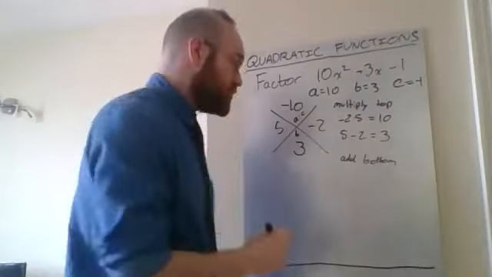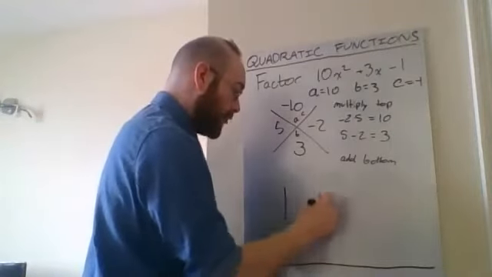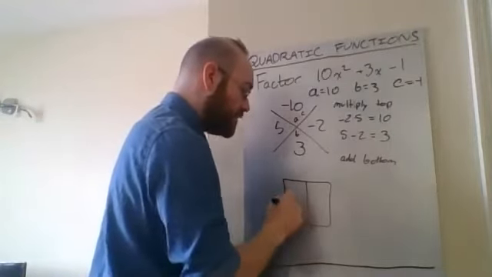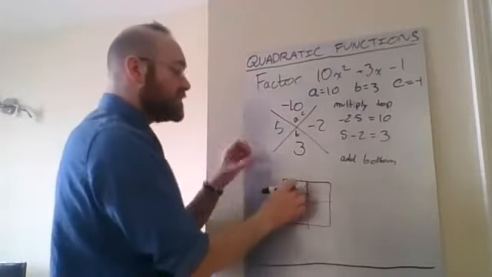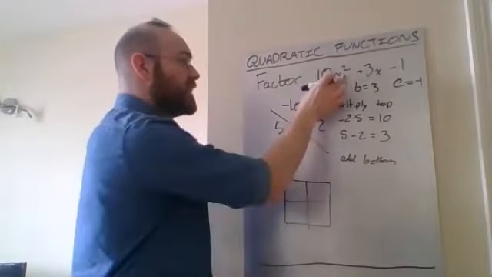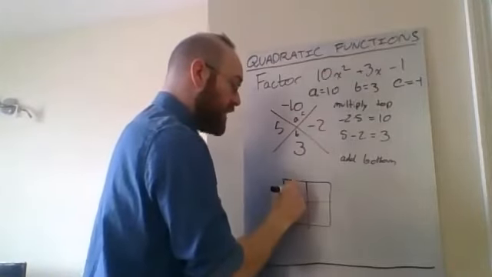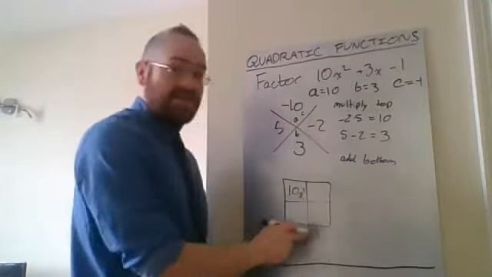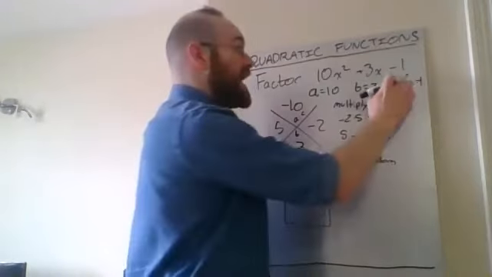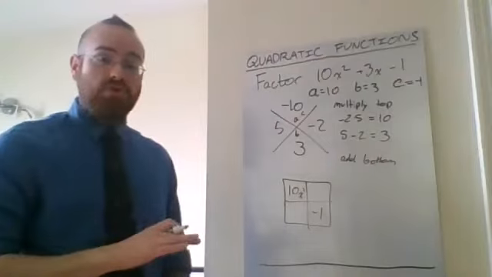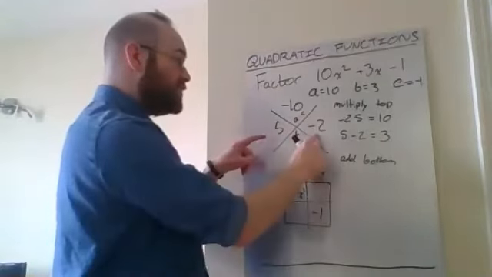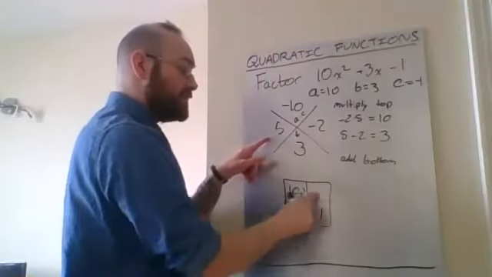So once we have this first part set up, we need to set up our box. And so the first thing in the first box is our first term, so 10x squared. The last thing in the box is our last term, so -1. We now have those two boxes set up. Now we come to these two numbers and we can put them in either box.